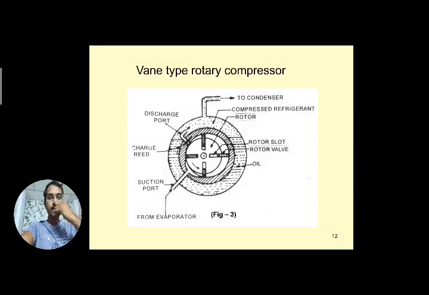It is a similar case, like a roller type rotary compressor, but it is a vane type compressor.